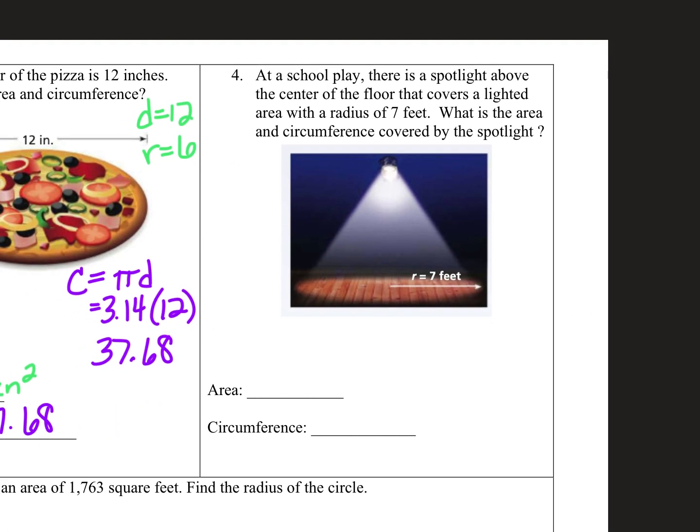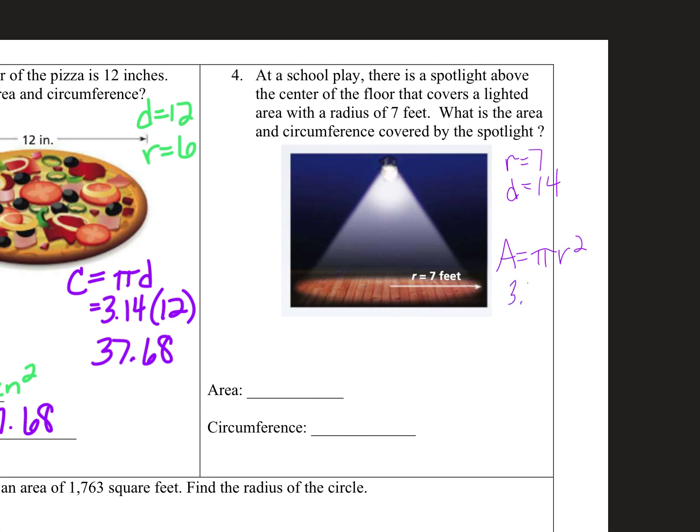All right, number 4. We've got a spotlight shining down on the stage, and the radius of that circle of light is 7 feet. If the radius is 7, then the diameter is going to be 14. Once again, my marker is changing thickness, and I don't know why. The area is pi times radius squared.